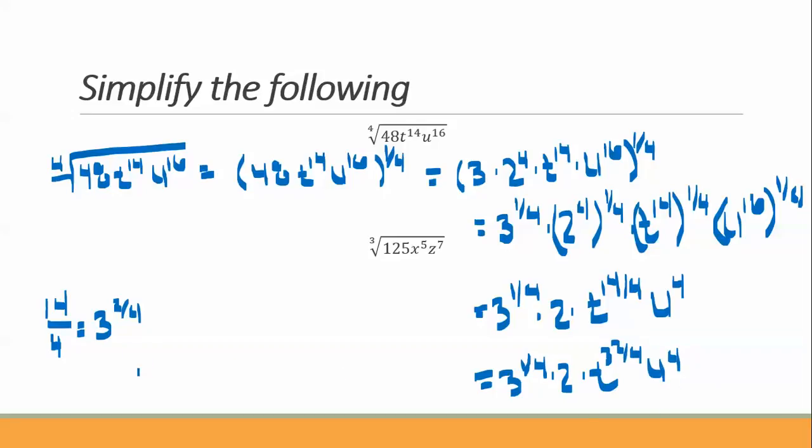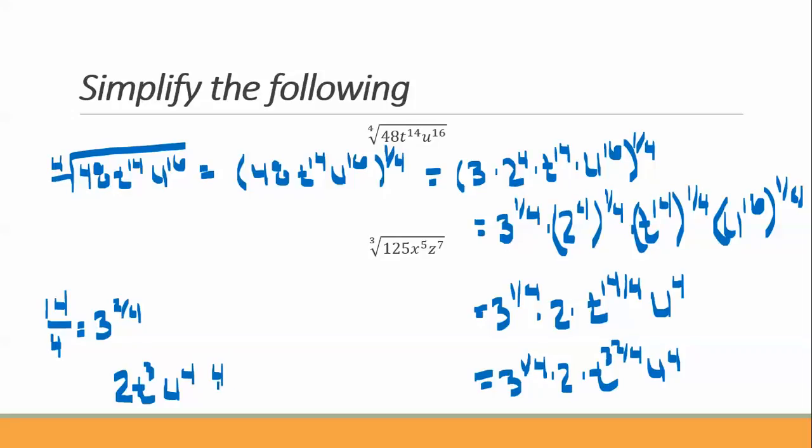Sorry, but I have to come over here. The whole number exponents are the ones that actually come out of the radical. So that's going to be 2 t cubed and u to the 4th.